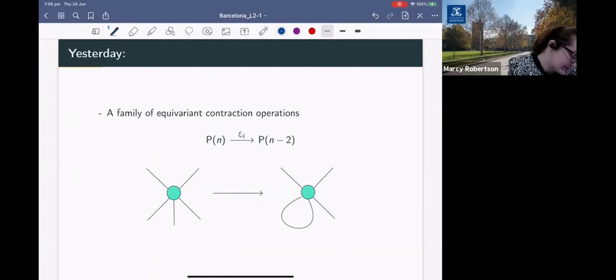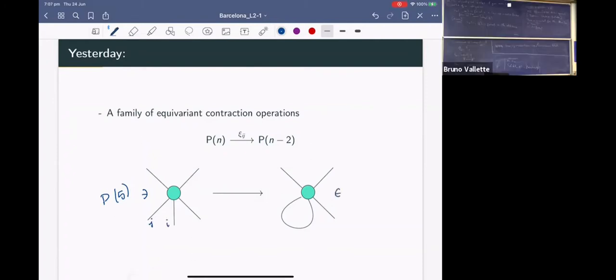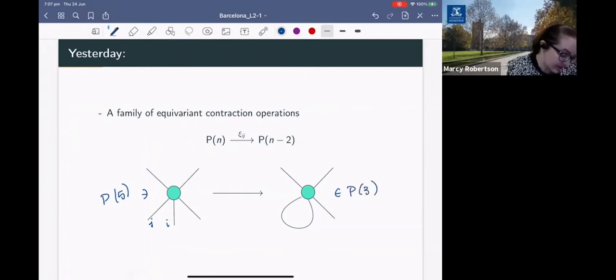Here I'm taking a little spider that lives in P5, and I'm allowing myself to contract an i and a j. I'm going to say that this now lives in P3. So it's an abstraction of the trace. Just a refresher of the definition without thinking about colors, making it a little bit simpler.